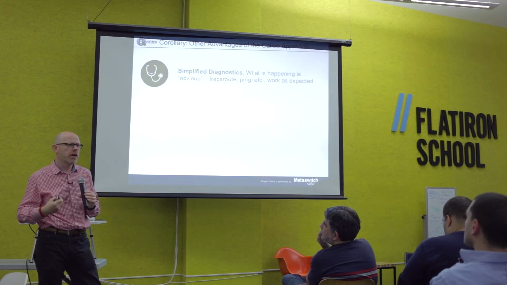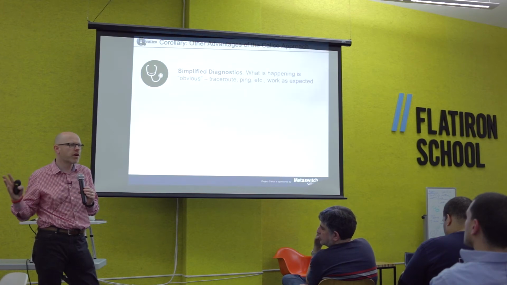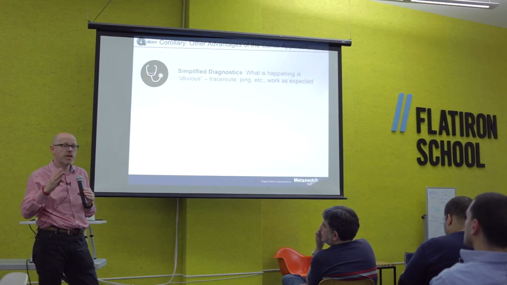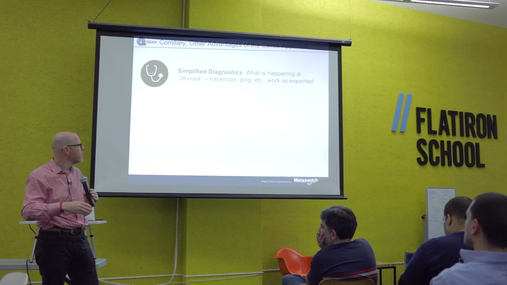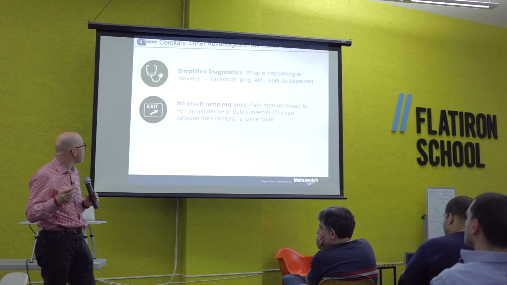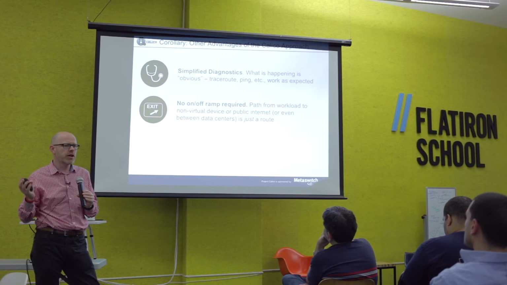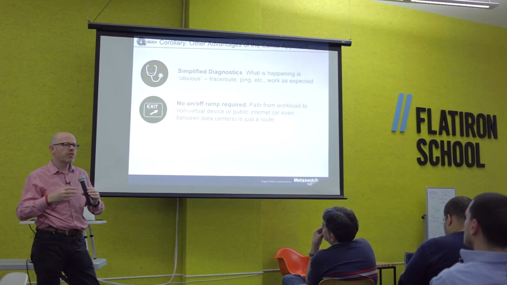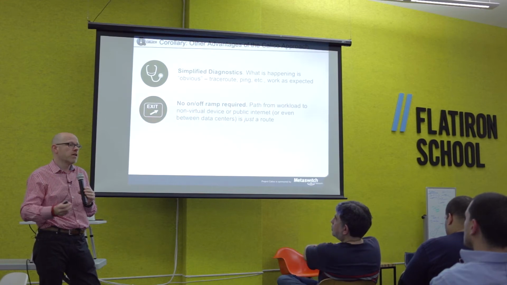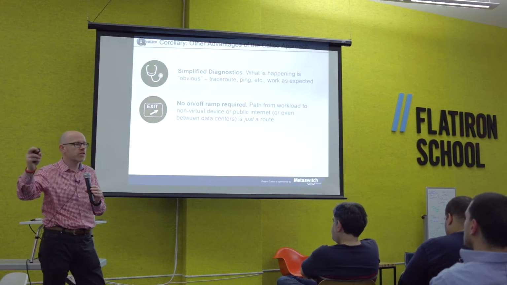So I do ping, I do traceroute, they work just as I expect. Anyone who's got a very basic understanding of networking is going to be able to tell what's going wrong if something's going wrong. Because I am literally just doing IP routing, I don't have requirements for on or off ramps. I just have to say this workload is allowed to talk to this server.